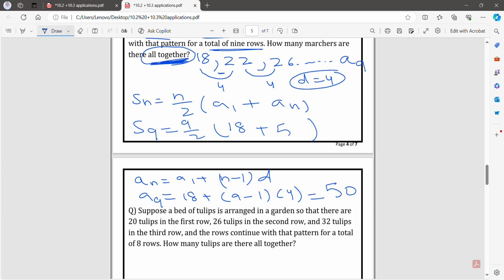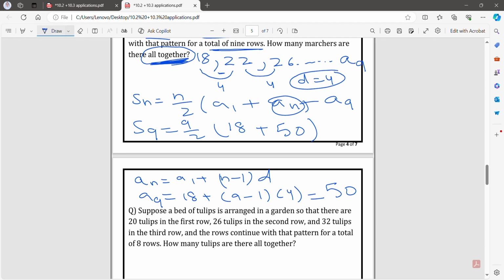Here will be 50 because an means a9, and we don't have a9 in the question, so we found a9. Now just replace a9 by 50 and give all this to the calculator and you will get your sum.